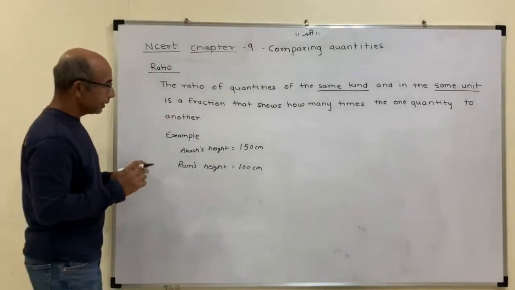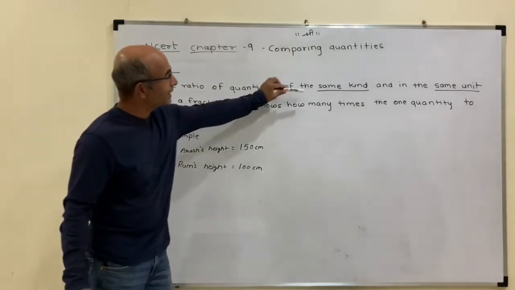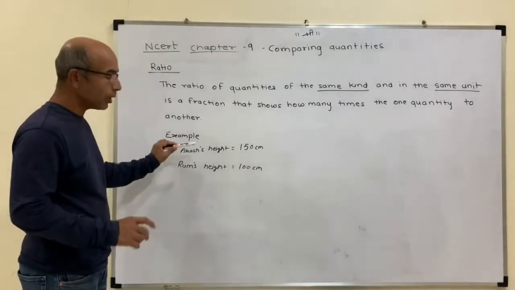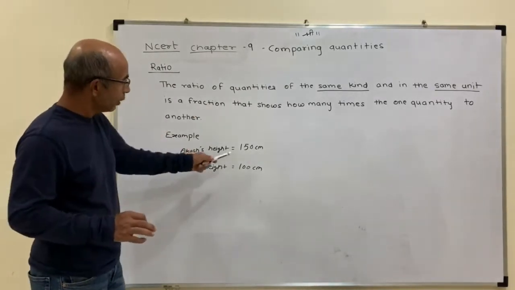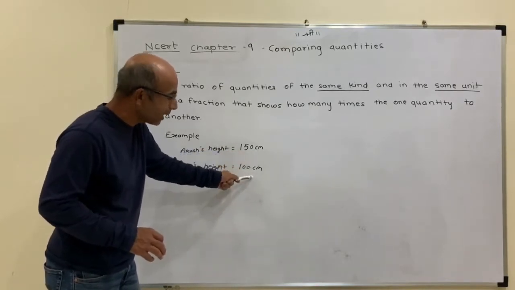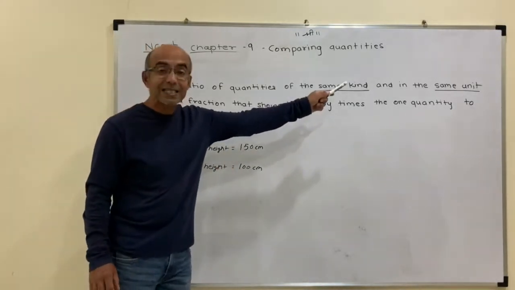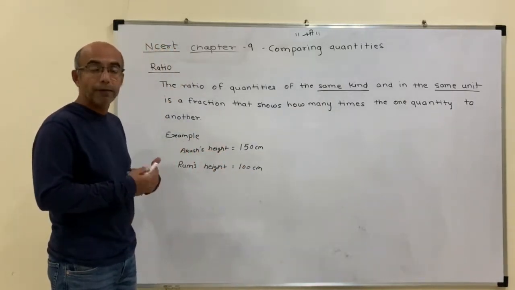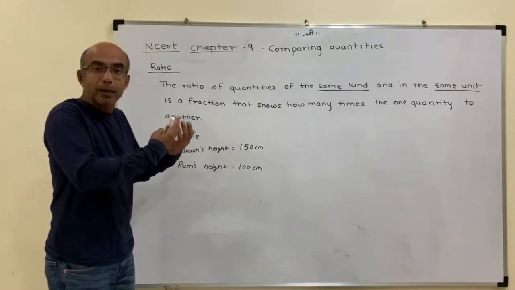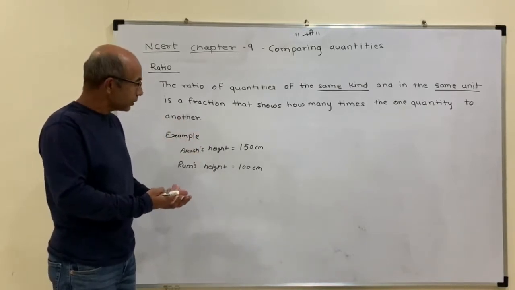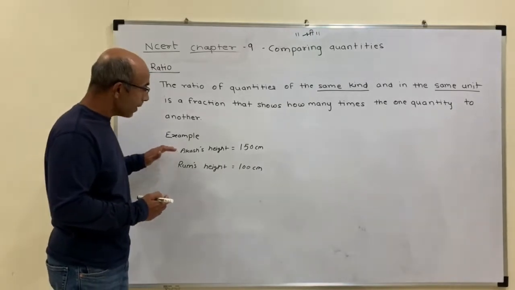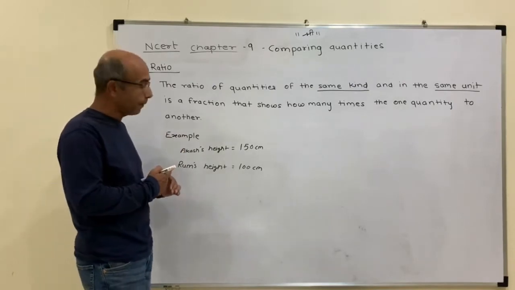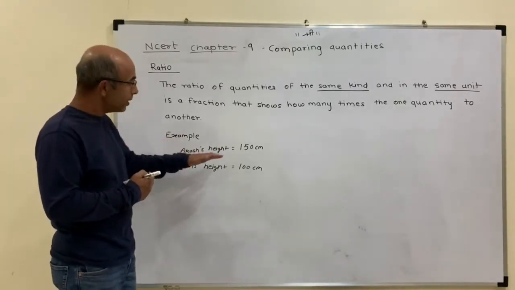Now see, what I am measuring is the same kind, that is the height of the two students, the height of the two humans. The unit of measure, you see, both are centimeters. So what I am saying is, same unit. I can't compare height with weight. If I am comparing weight, it has to be in kilograms or that sort of unit of measure. So when you compare two quantities, or when you try to find the ratio of two quantities, they have to be in the same unit.